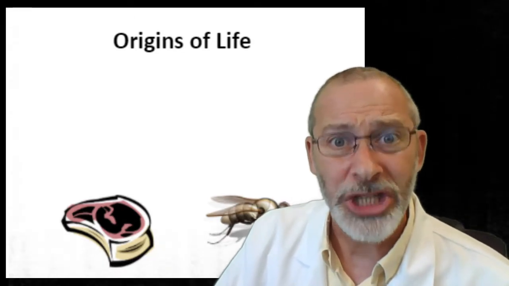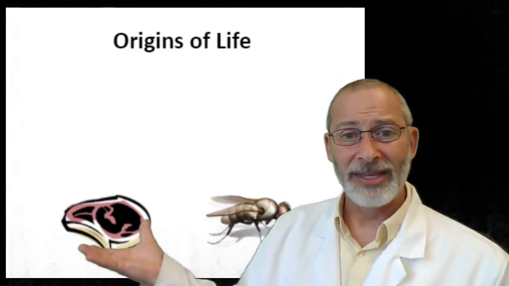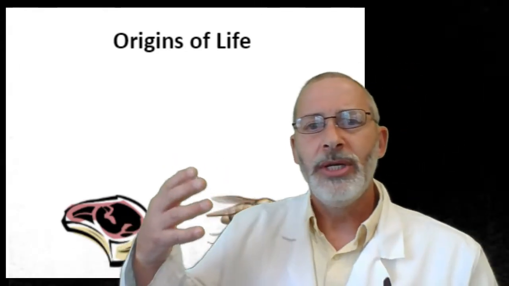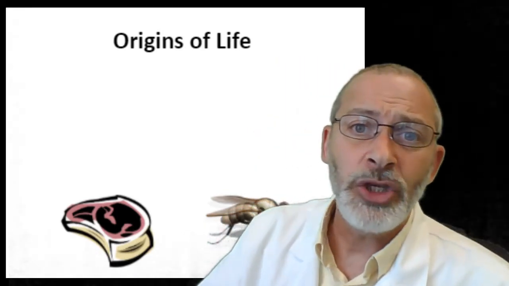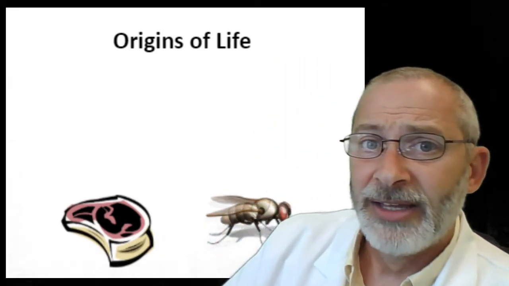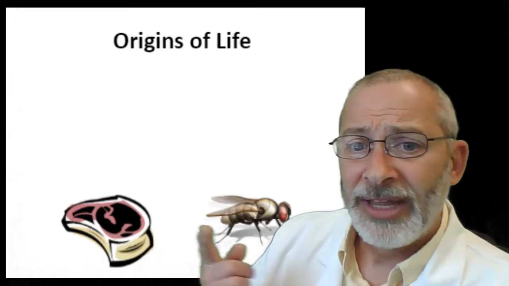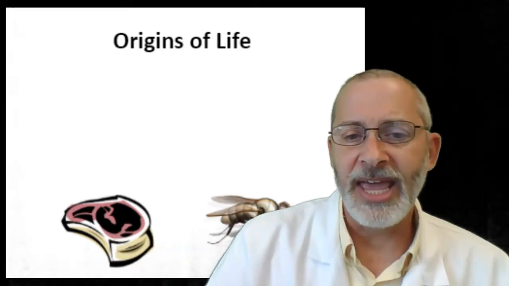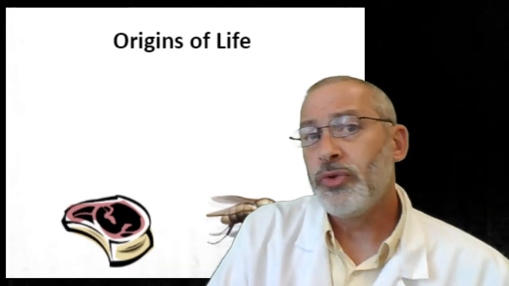That would be a crying shame. Hey, if you don't want the steak, I'll take it. But I want us to think about a story here. I'm going to be telling you a tale of a T-bone and a fly. Let's tell a tale of these two things.